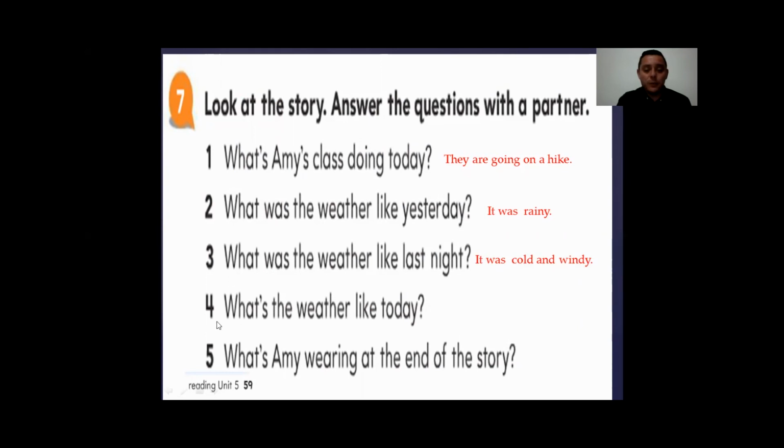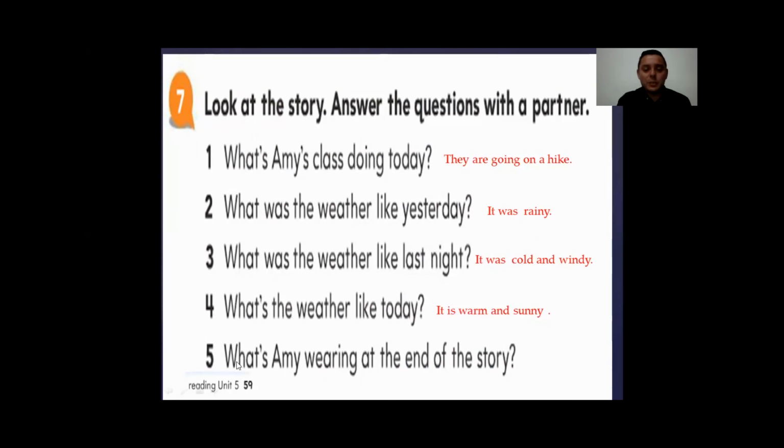And question 4. What's the weather like today? As you can see, what was the weather like yesterday? What was the weather like last night? What is the weather like today? So, today is warm and sunny. It's warm and sunny is the right answer.